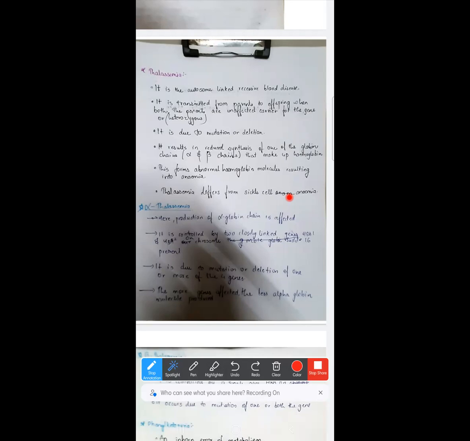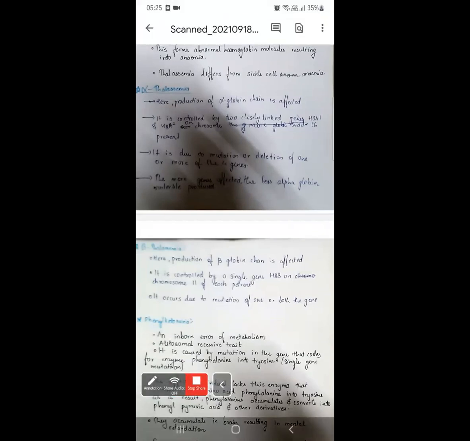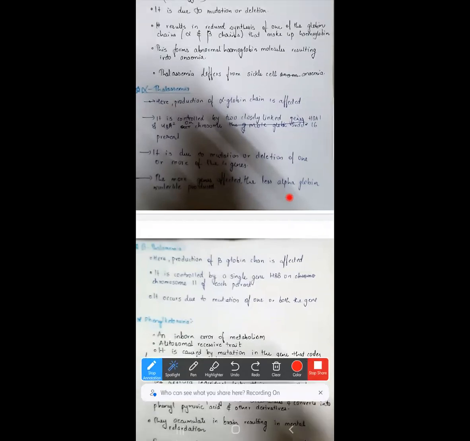Now, going further, we'll discuss alpha thalassemia and beta thalassemia. Alpha thalassemia affects the alpha globin chain of hemoglobin. Here, production of the alpha globin chain is affected.